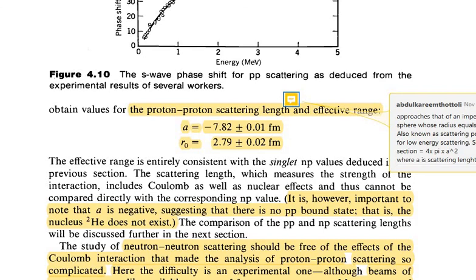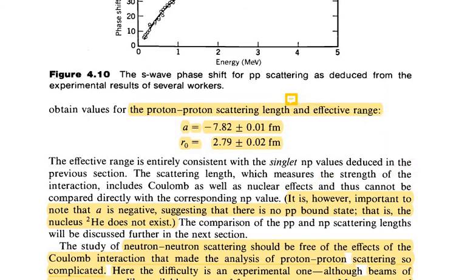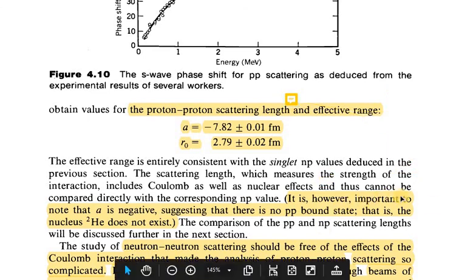For low energy scattering, the scattering cross section is 4πa², where a is the scattering length. It is however important to note that a is negative, suggesting that there is no proton-proton bound state. That is, the nucleus 2He does not exist. Okay.